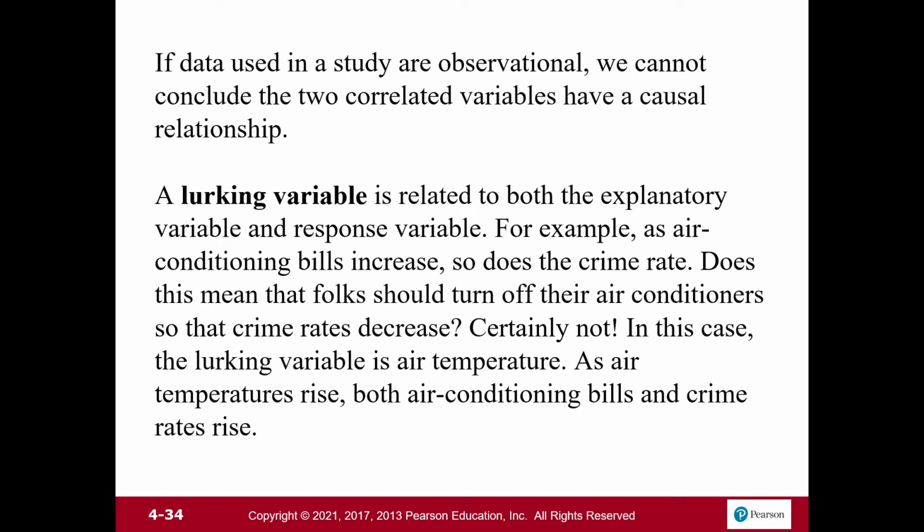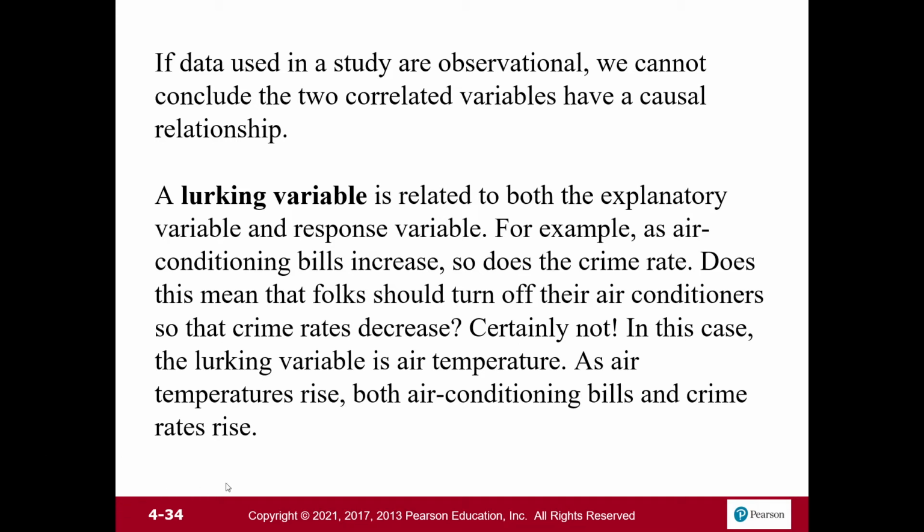So we have a certain situation. Here's an example. As air conditioning bills increase, so does the crime rate. So does this mean that folks should turn off their air conditioners so that crime rates decrease? That's not the case, right? The other lurking variable that we did not account for is the air temperature.